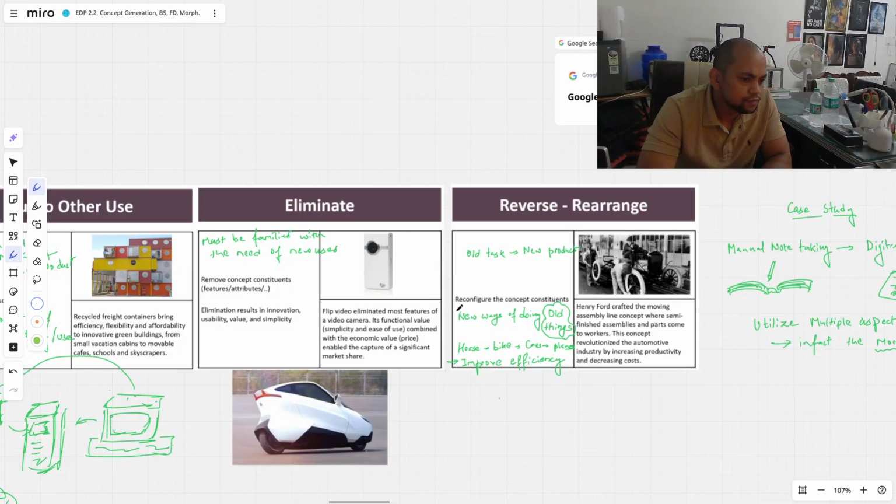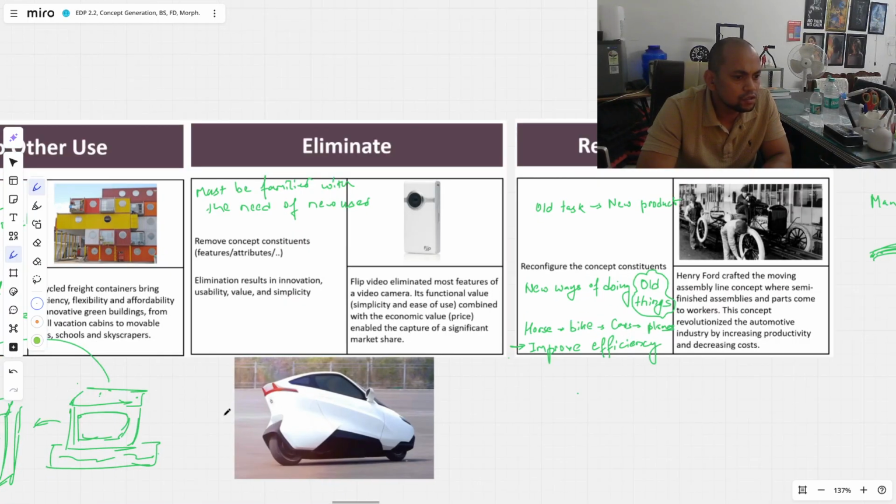Elimination means stripping the product down for a specific user. Okay, so one product may have several features and might be serving one particular market, but there may be one more market which requires a specific feature from this product.